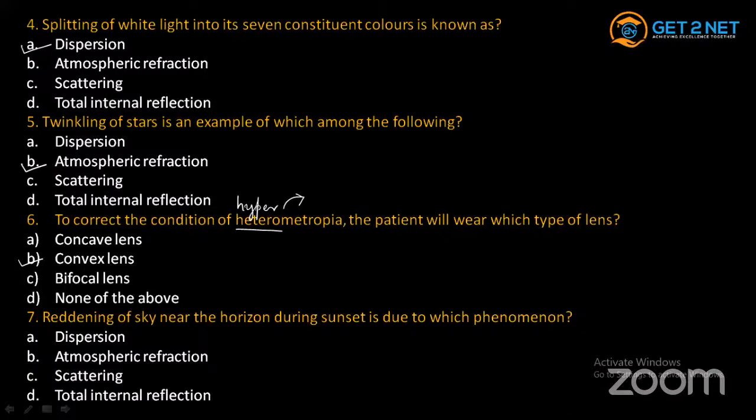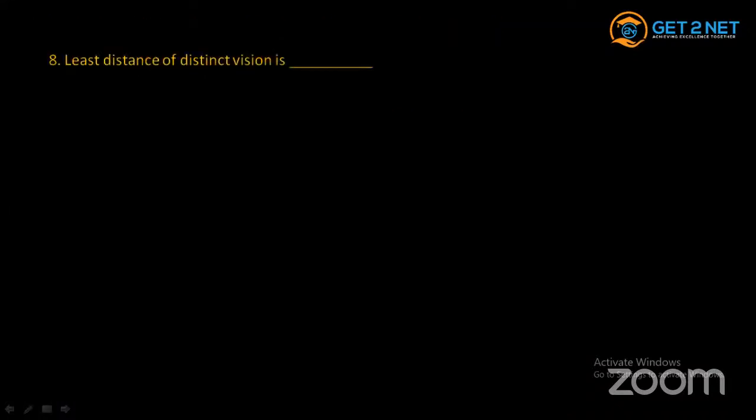Scattering. Very good. Question number 8. Least distance of distinct vision is 22, 23, 24, 25. How many? Very easy question. 25 centimeter.